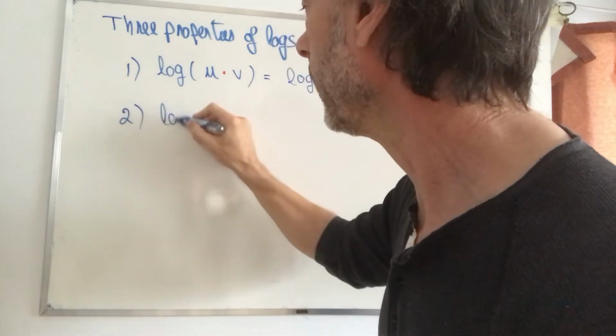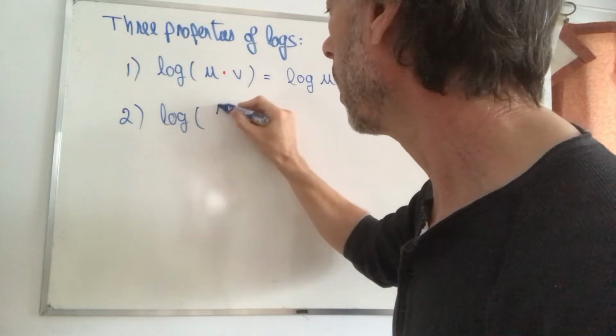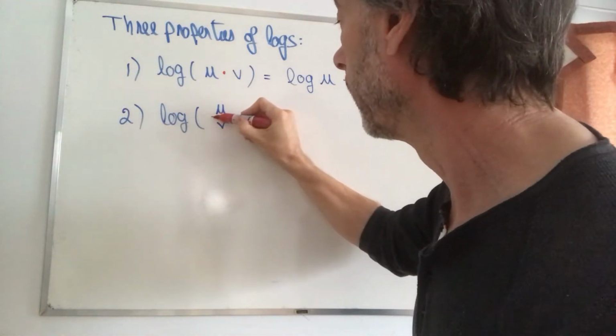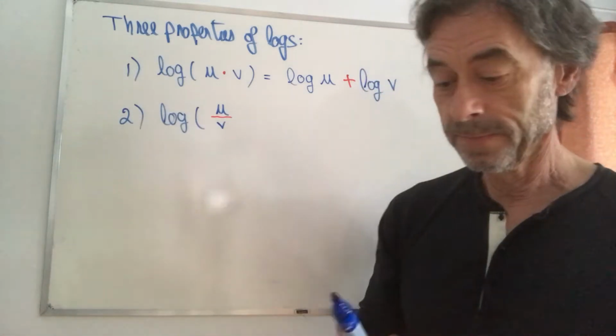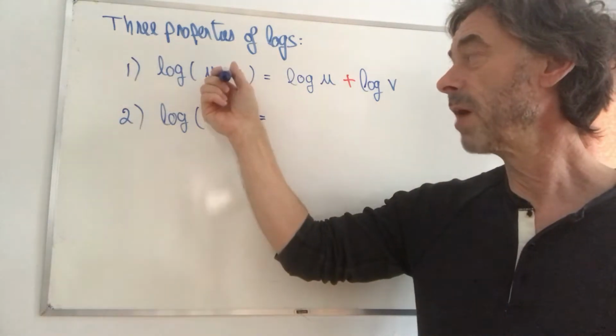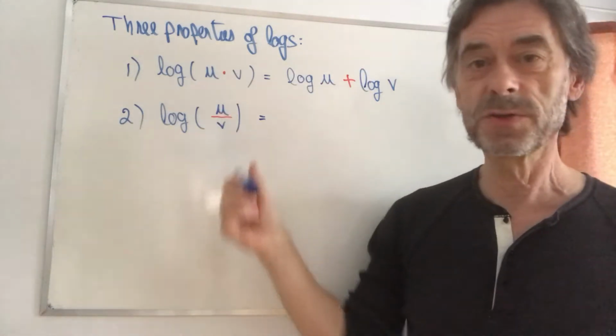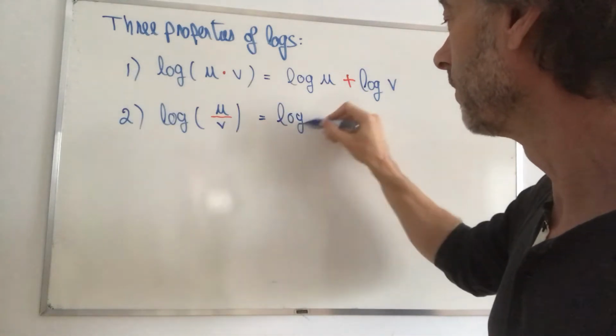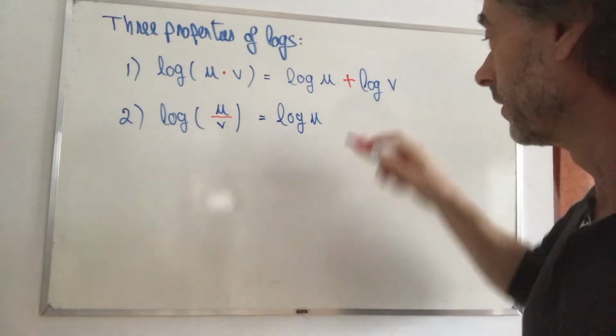Second property, the log of u divided by v. Some of you are clever. You can see that if multiplication turns into a plus, the division is going to probably turn into what? Yeah, you probably guessed it. A minus.